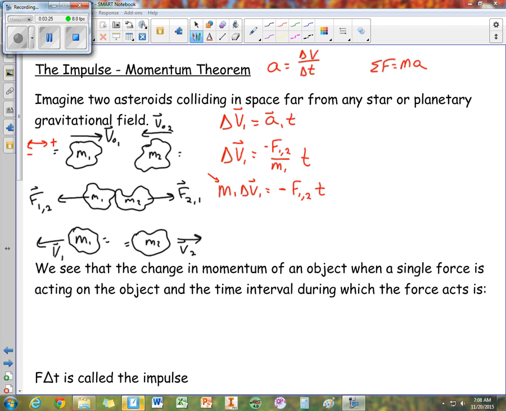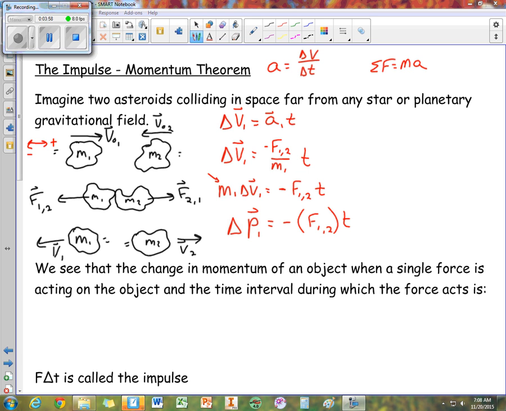So what I can say then is that the change in object 1's momentum equals negative F1,2 times t. So if I wanted to make this positive, I could substitute in F2,1 if I wanted to, but I'm not going to worry about that.